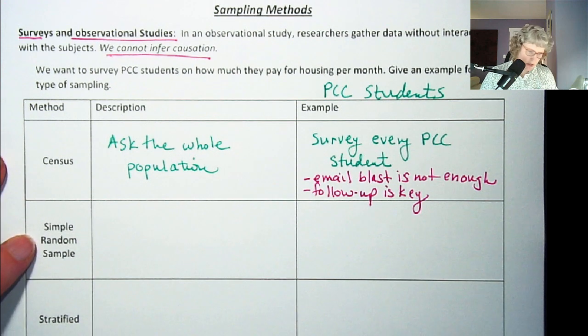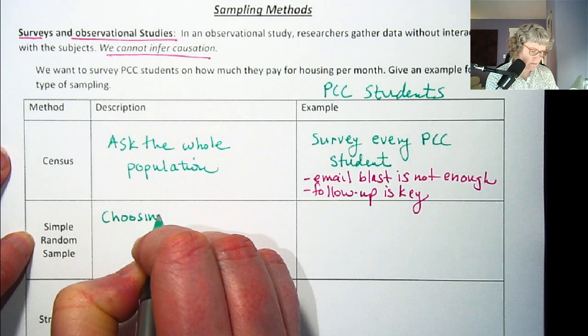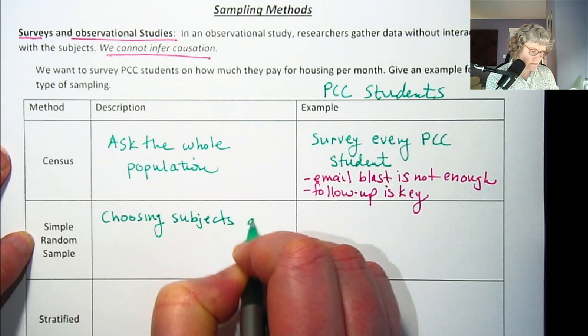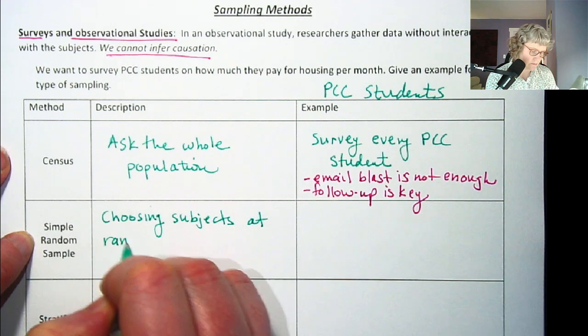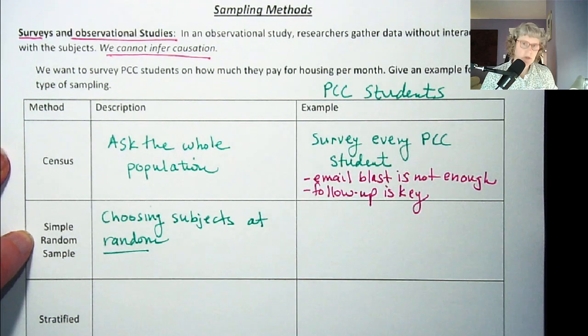The next one is a simple random sample, and you may have heard about this. This is choosing subjects at random, kind of like drawing names out of a hat. So I'm going to say choosing subjects at random. It must be random, with a computer or drawing out of a hat or something.